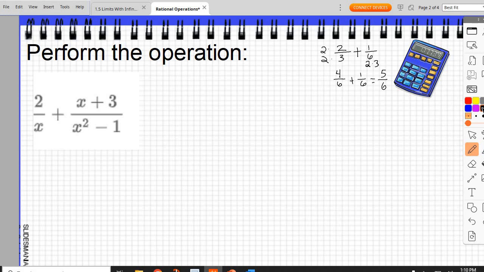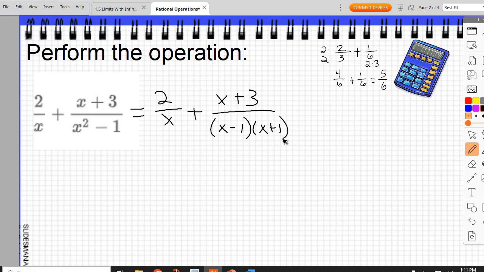The denominator of the second fraction. What is it going to factor to? Agreed. Because it is a difference of squares, which we recall from the formula sheets that we got. So now, do our denominators have any common factors?